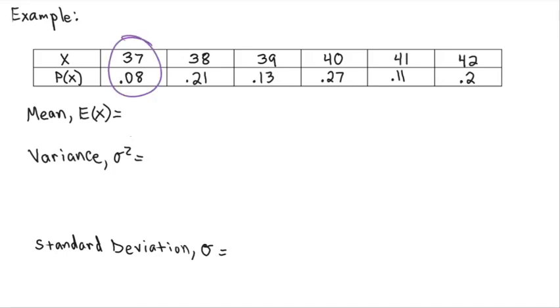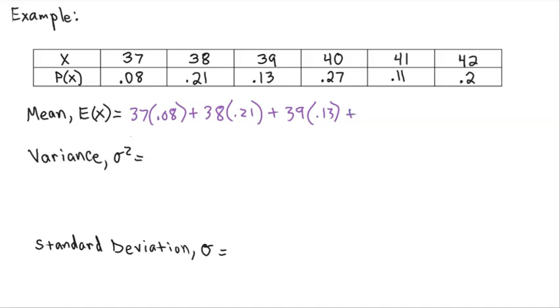we're going to multiply these two numbers together, then add it to multiplying these two numbers together. So it's going to be 37 times 0.08 plus 38 times 0.21 plus 39 times 0.13 plus 40 times 0.27 plus 41 times 0.11 plus 42 times 0.2.